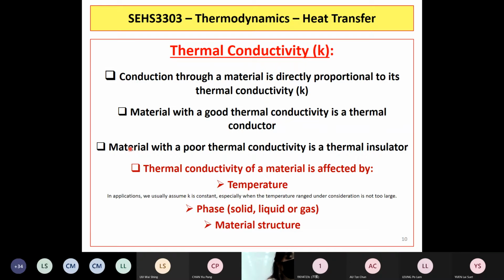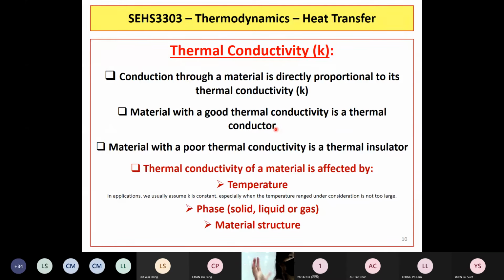Otherwise, a material with a poor thermal conductivity is a thermal insulator. Remember that I told you a thermal conductor is usually a good electrical conductor, because it uses both vibration and free electrons.